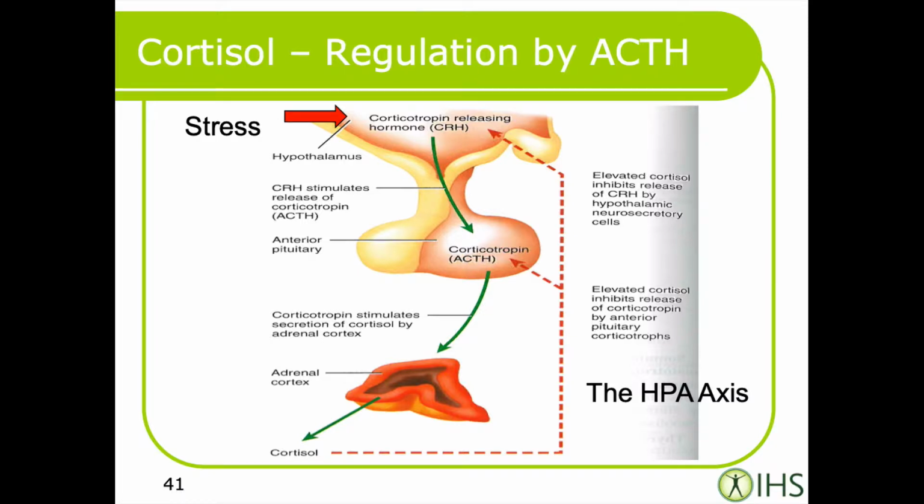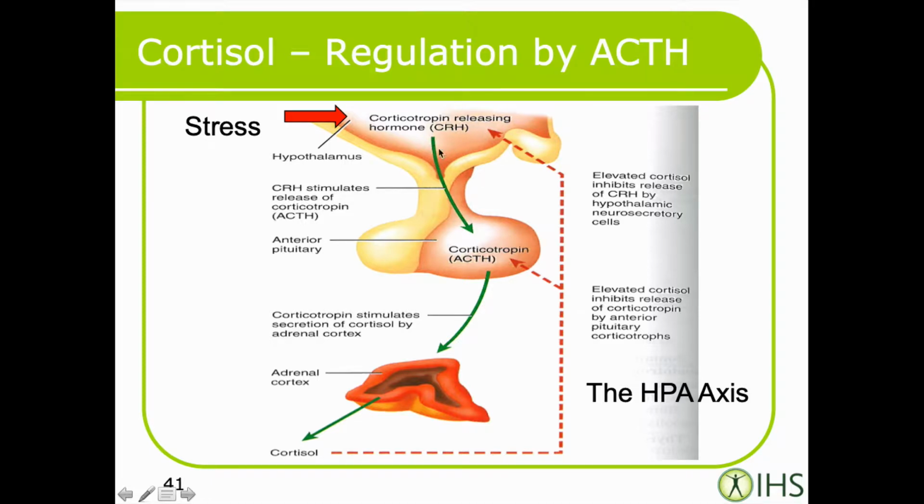ACTH then travels through the blood, binds to receptors in the adrenal cortex, and stimulates the production of cortisol. An increase in cortisol levels inhibits the release of ACTH, and it also inhibits the release of CRH by the hypothalamus.